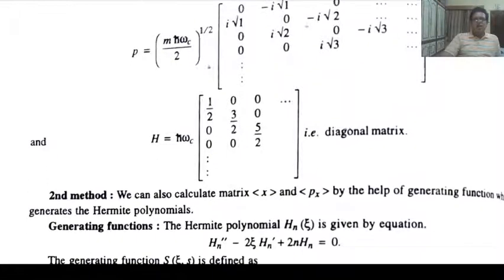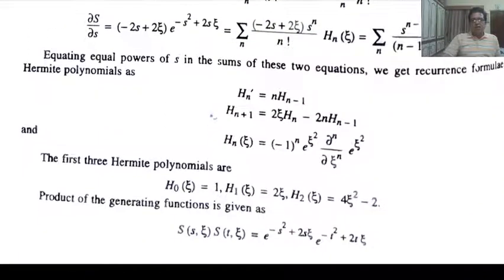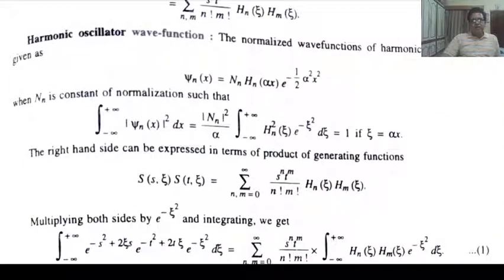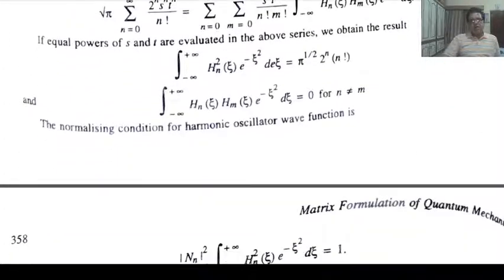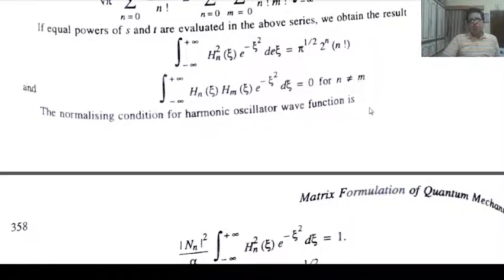And in the next one, the second method is given. That is not necessary, but you can study this topic for your general understanding. Now, harmonic oscillator wave function. We know that psi n of x equal to N n H n of alpha x e raised to minus half alpha x square. So you can easily calculate this function using such a method and using the properties of the Hermite polynomial operator.